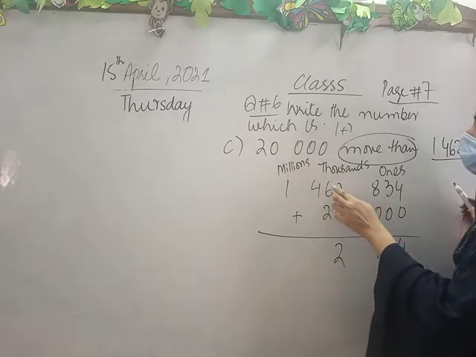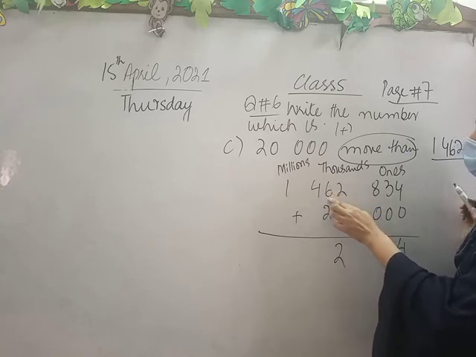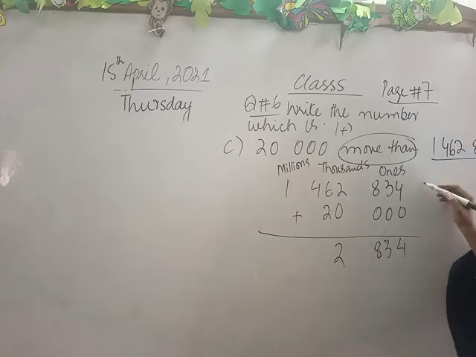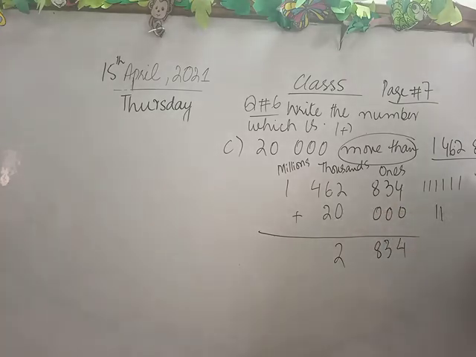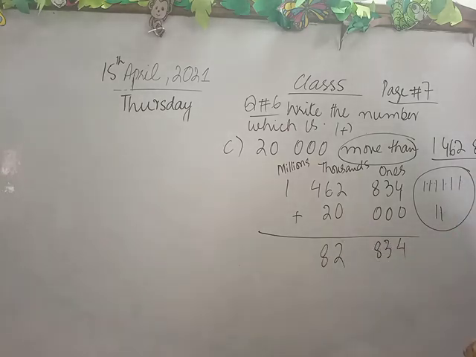The next value of 1000 from the right side is 6 upper and the lower value is 2. So for upper we have 1, 2, 3, 4, 5, 6 and for lower we have 2. So in total we have 8. Okay class?